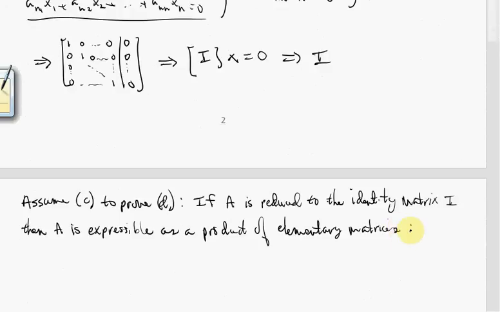Well, we take what's given, and what's given here is that A can be reduced to the so-called identity matrix.